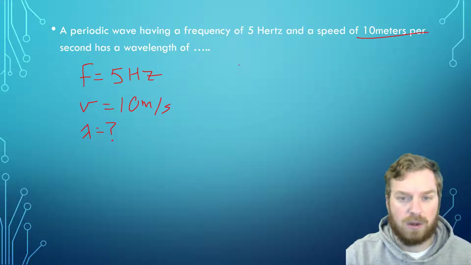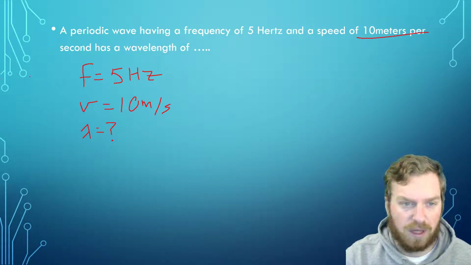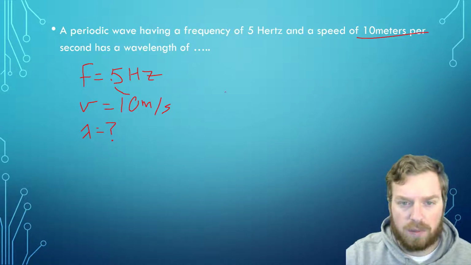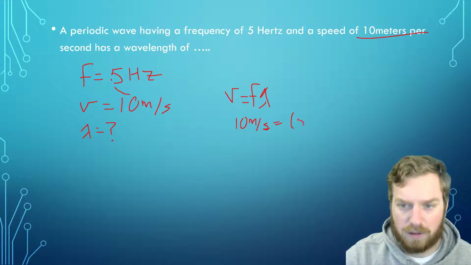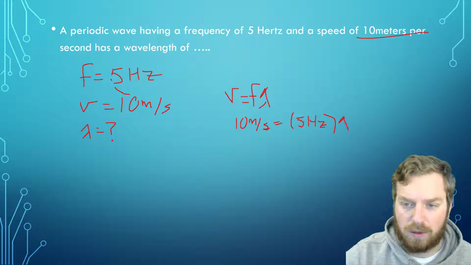Once again, like I said, we're just going to be using this basic wave equation: v equals f lambda, where v is 10 meters per second, f is 5 hertz, and lambda is what we're looking for.